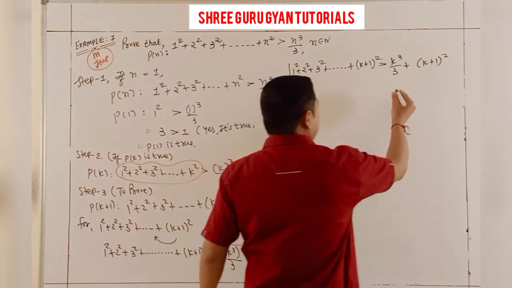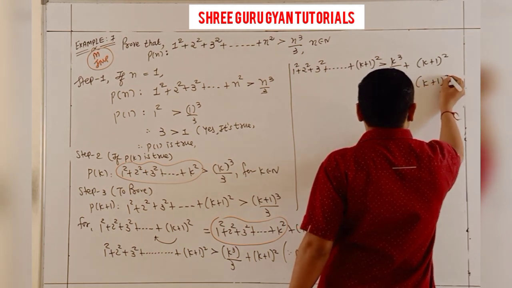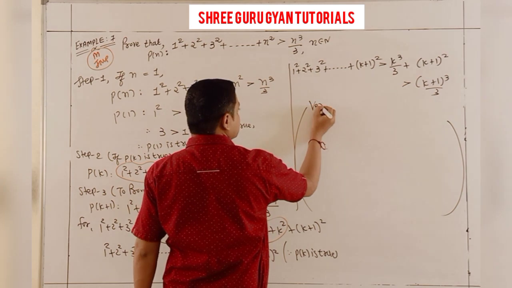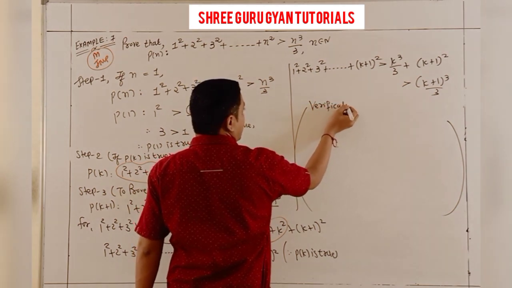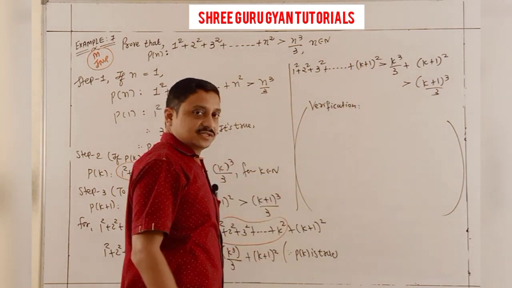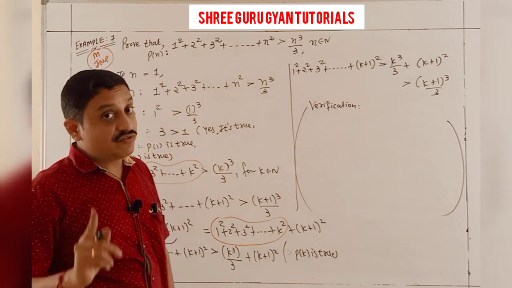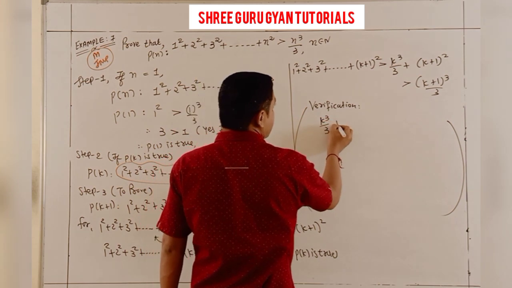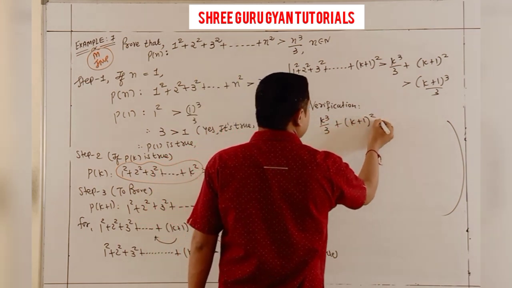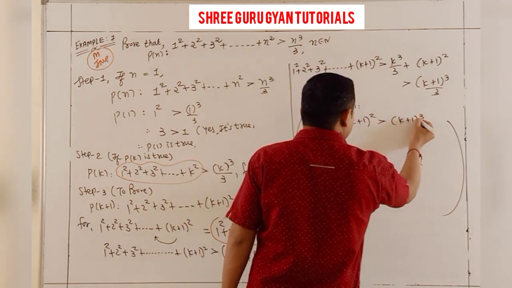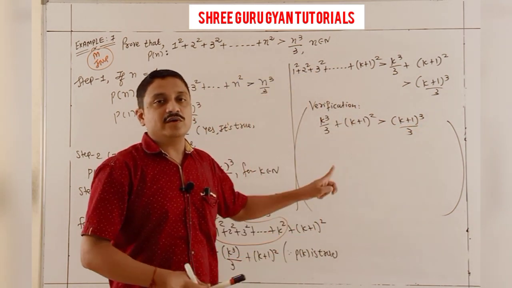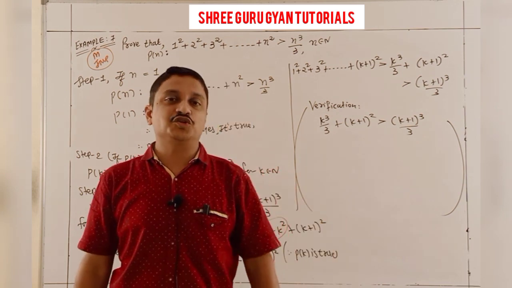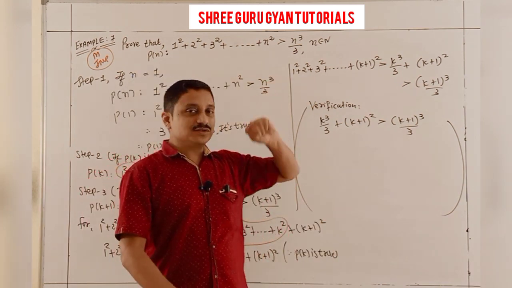It is greater than k plus 1 cube by 3, and after that I write the verification. Why did I write this? Yes, verification must be written. So k cube by 3 plus k plus 1 whole square is greater than k plus 1 cube by 3. Students, this value must be expanded and simplified, and I must prove that it is true.